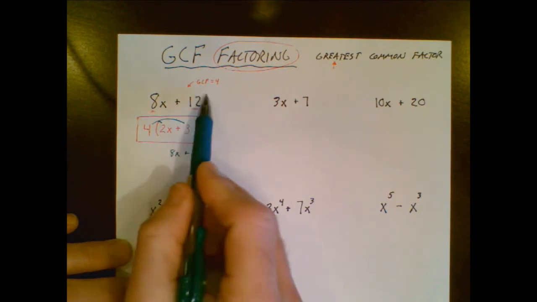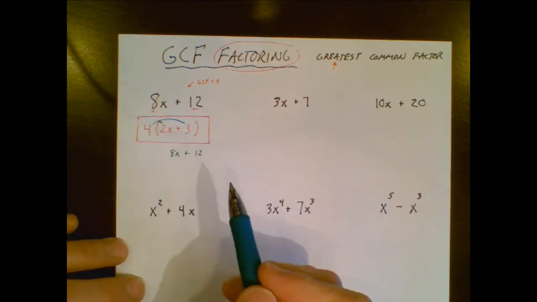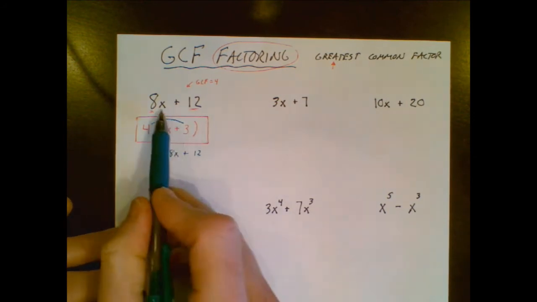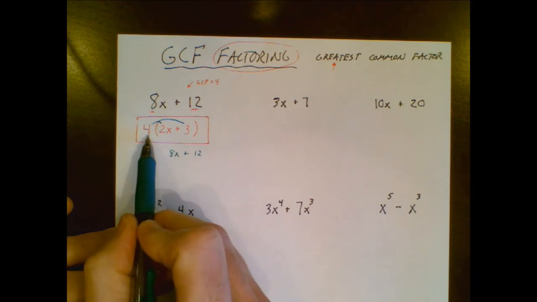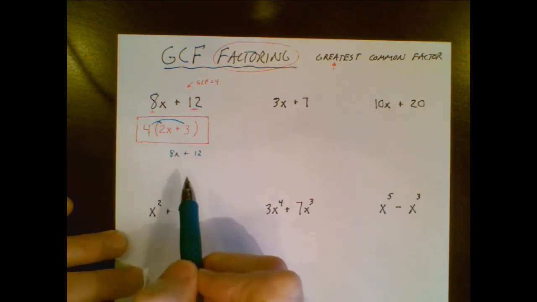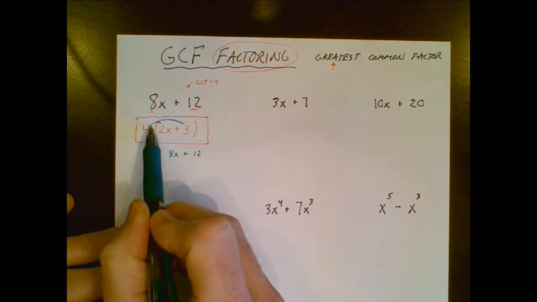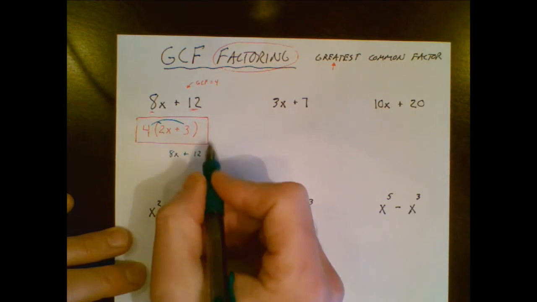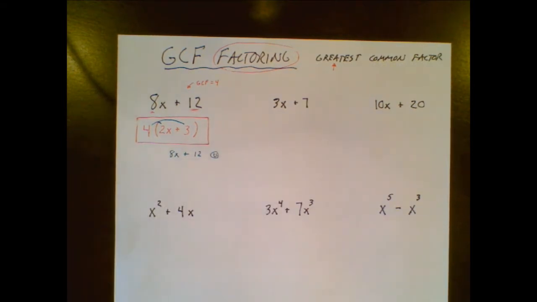That 8x plus 12 matches the original problem, which confirms that I've factored this correctly. So 8x plus 12 in factored form, using a GCF of 4, is 4 times (2x plus 3). I confirm that I'm correct by distributing back, and this makes me happy. Now I know that I'm correct.